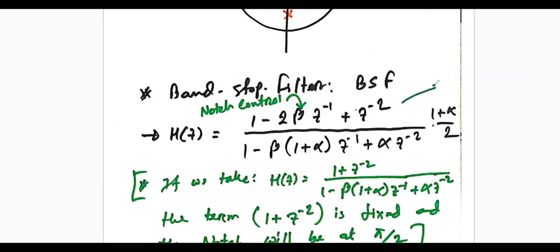What I am mentioning is, if I put 1 plus z to the power minus 2, what happens? You are not controlling the pole and zero locations, and that makes a problem: your notch frequency can't be controlled. However, by putting this extra term here, we can control the notch frequency.